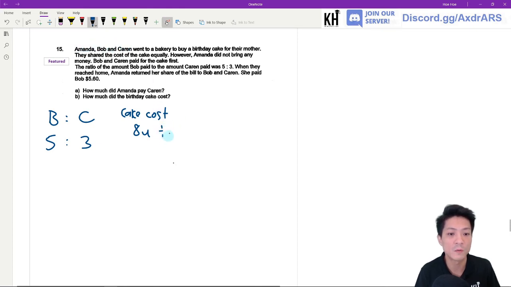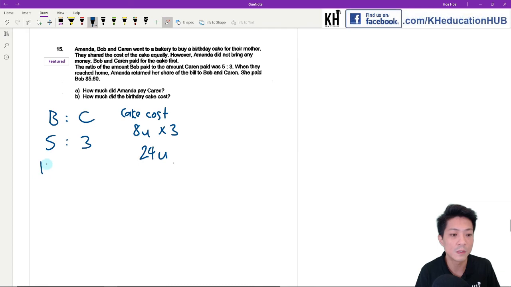If I divide by 3, it's going to give me a fraction. Not a lot of students are comfortable working with fractions. So I'm going to multiply the whole thing by 3, and this becomes 24 units. So I'm going to change this into 15 units and 9 units.